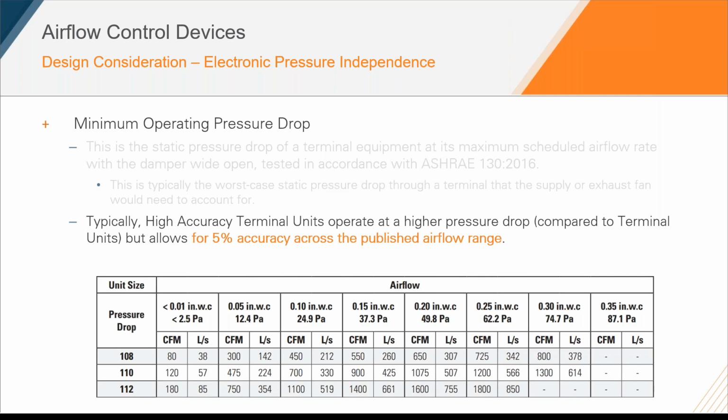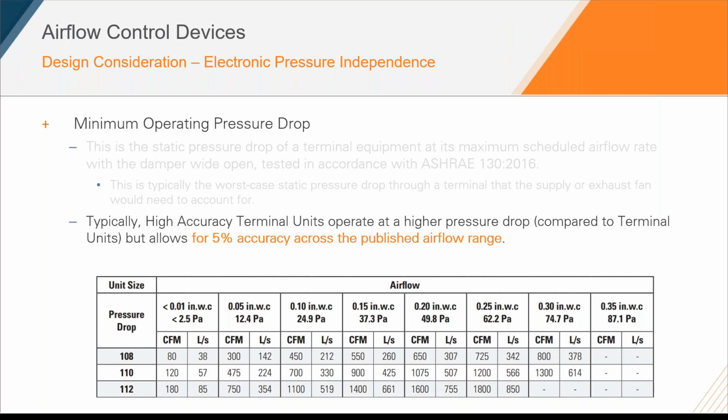On the bottom here, we have just a sample schedule for an air valve that's been tested in accordance to ASHRAE 130. If we're looking at a size 8 air valve that we had to have operate at 550 CFM, what this table tells us is that we're going to require a minimum operating pressure drop of 0.15 inches.